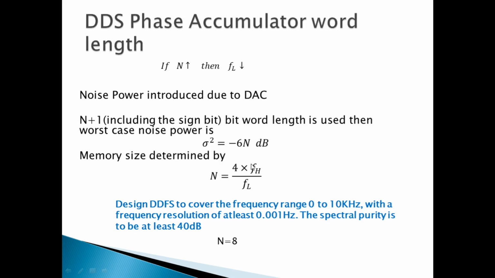But if you go in for this formula where you choose the size, using this formula memory size, you will find that around 26 bits are required, and it's very beautifully explained in the book as to why 26 bits are not required and just about 8 bits are sufficient.